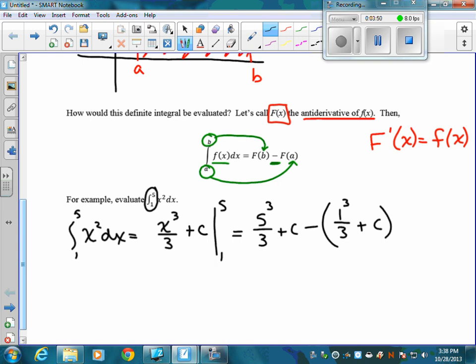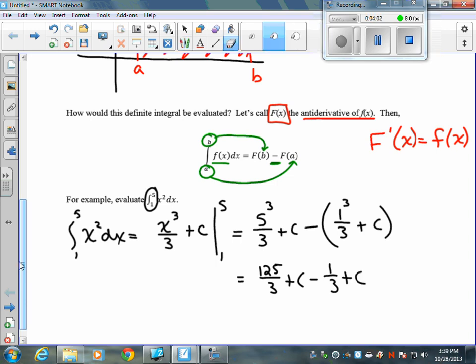If you don't have a calculator, you might want to grab it. You're definitely going to need it later on anyway. 5 cubed is 125, divided by 3. And then I'm going to subtract 1/3. Sorry, I didn't distribute my negative, so I really have subtract 1/3 minus c. And why I wanted us to write this plus c in here was to figure out what happens with these plus c's. Here I have a plus c, and here I have a minus c, so those are going to cancel each other out.